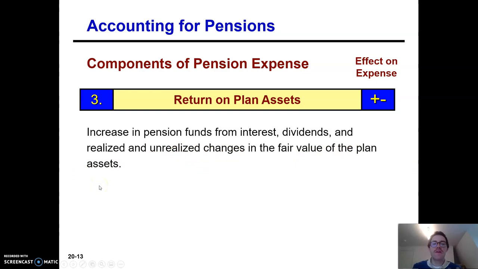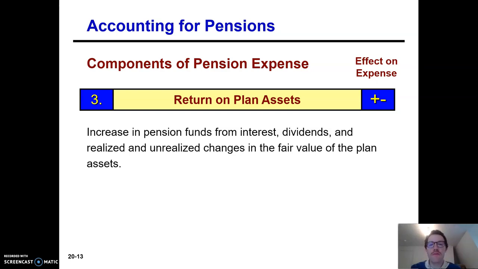So you invest in stocks and bonds, and they hopefully go up in value. Assuming they go up in value, then this can serve to lower your pension expense. It's a bit more nuanced than that, and you'll see when I get into a more complicated example. It's actually based on the expected return on the plan assets, but we'll get into that later.